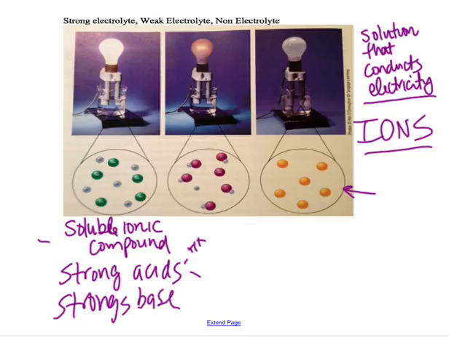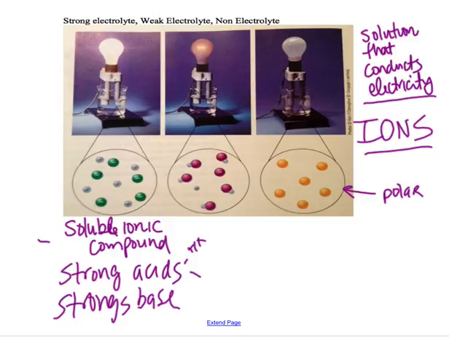Non-electrolytes are your polar substances that actually dissolve in the water. And not even polar. We can try to conduct electricity in oil. Oil will not conduct electricity, right? Because what do oil and glucose not do? Why won't they conduct? They don't dissociate into ions.